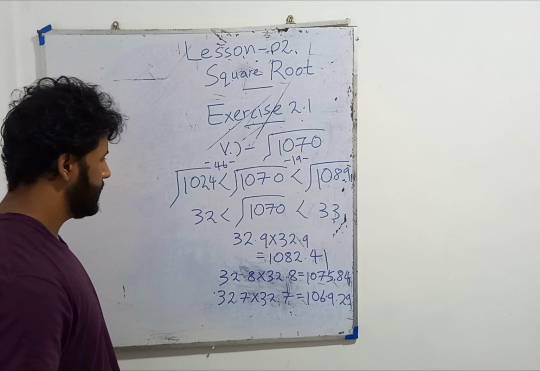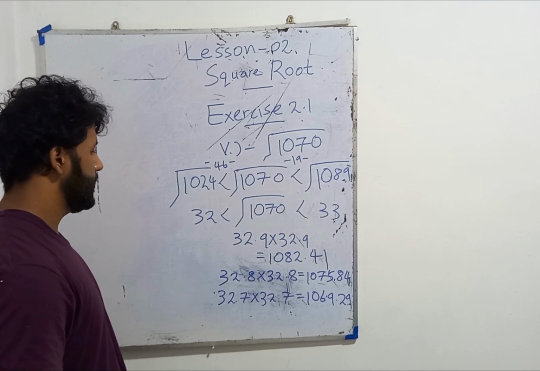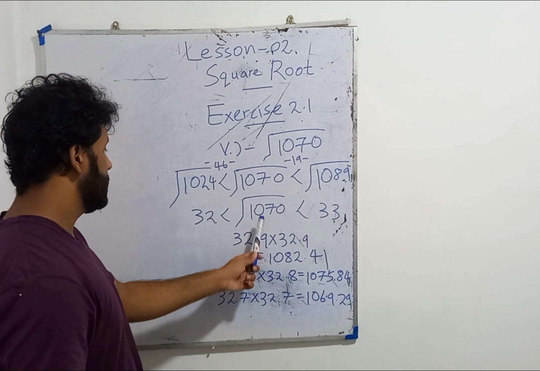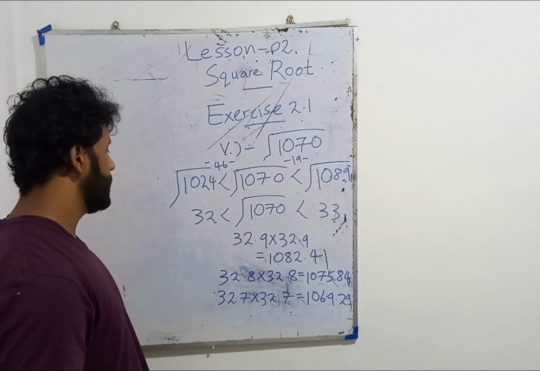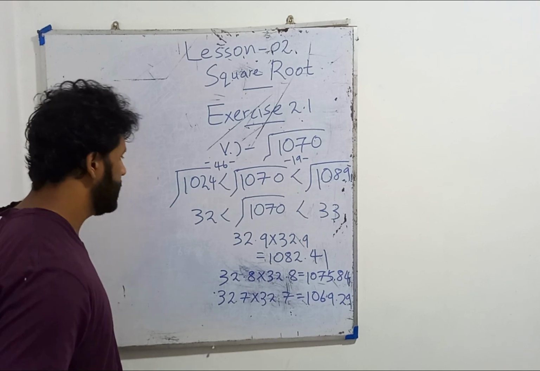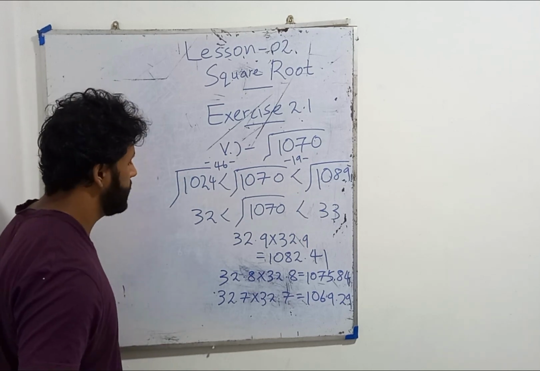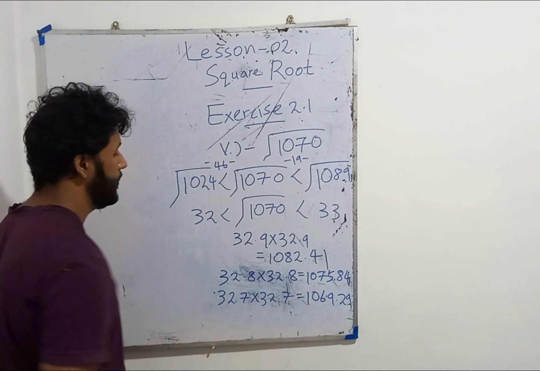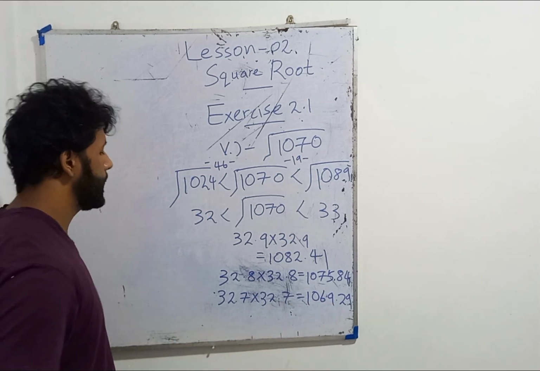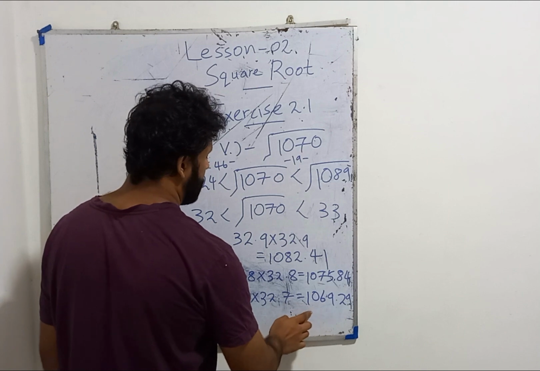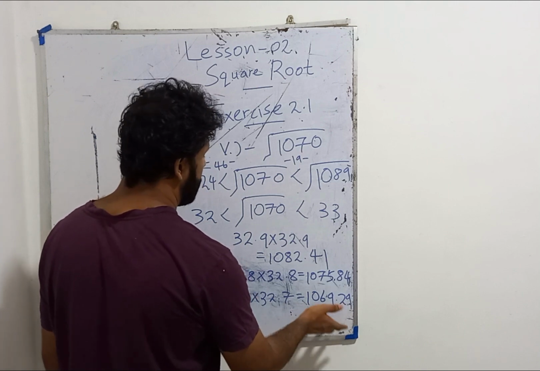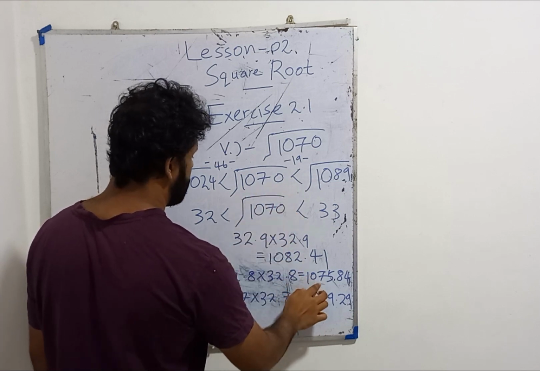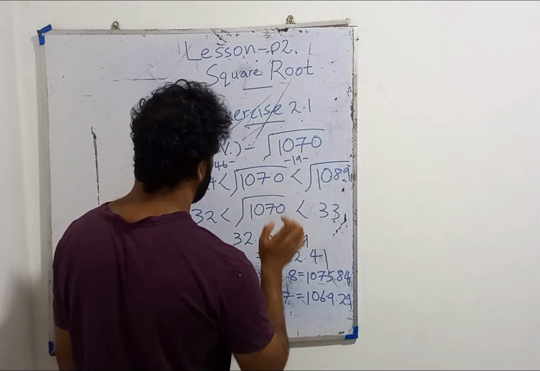It's very simple. This is somewhat greater than this. Let's write the closest value. The closest value is 1069, very close to 1070 rather than 1075.